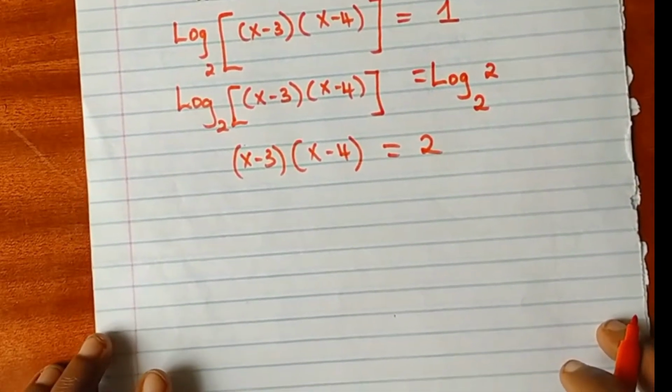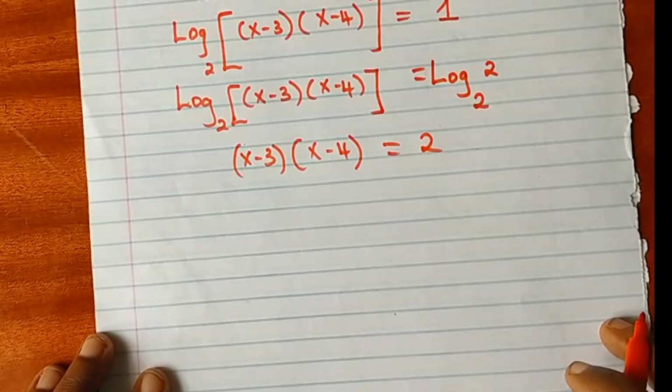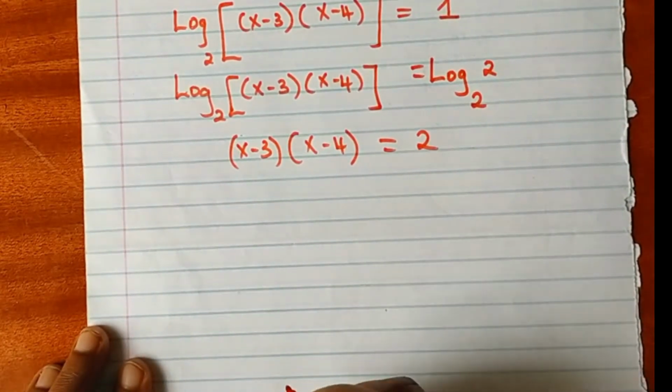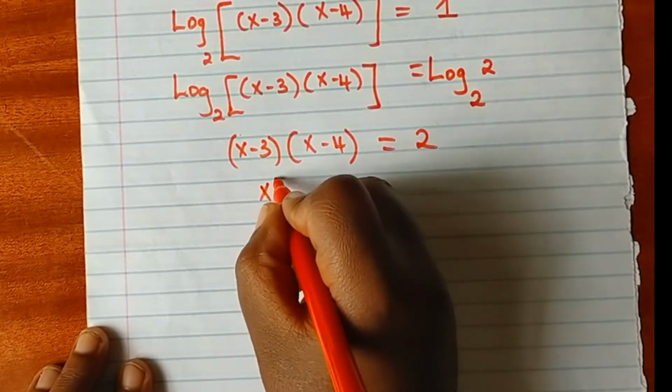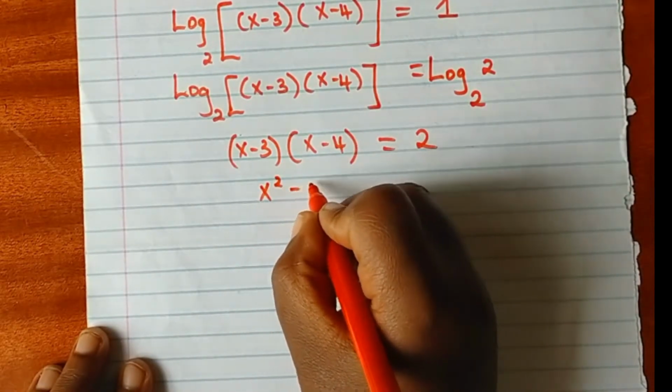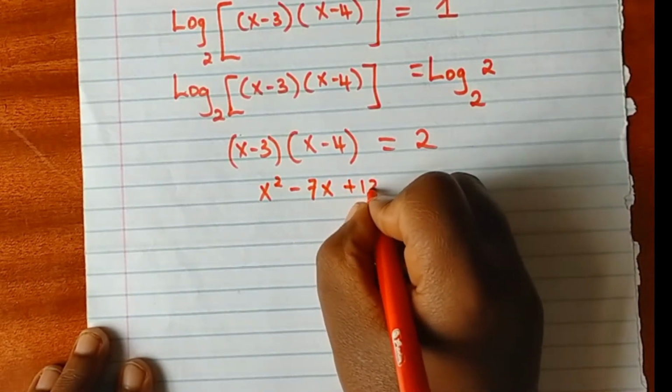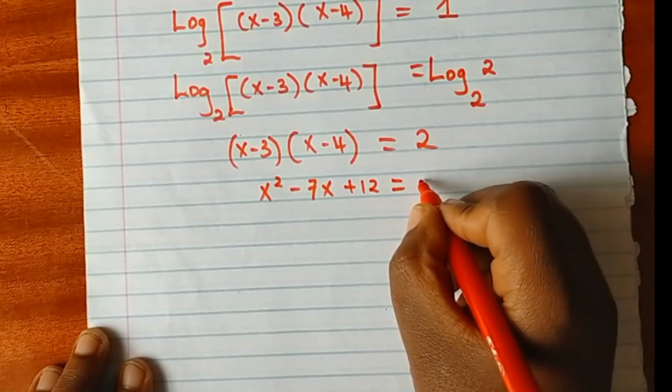Now we need to solve this equation. First of all, we expand this. This will become x squared minus 7x plus 12 is equal to 2.